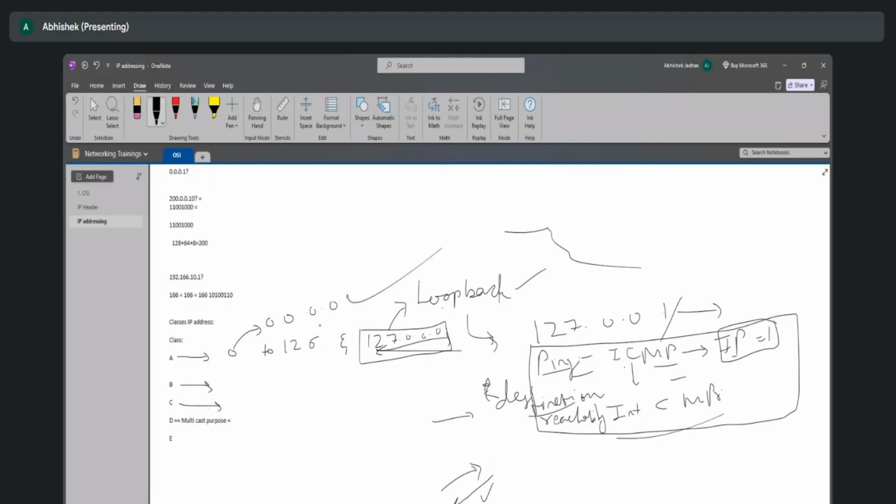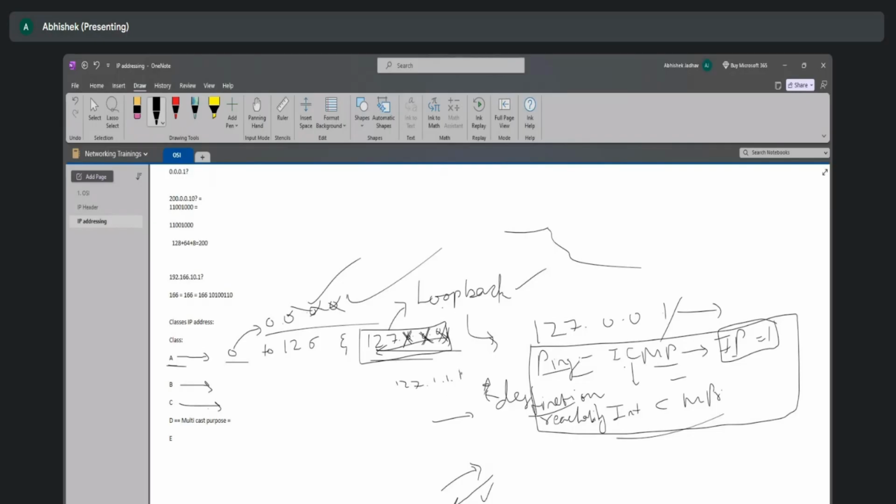This address is reserved like that, so you will not be using it anywhere. Now, for class A, you can make a note of this, the range is from 0 to 127, in which 0 and 127 are reserved, 0 being the default IP address and 127.x.x.x being loopback. Whenever I write .x in an IP address, that means any number can come there.